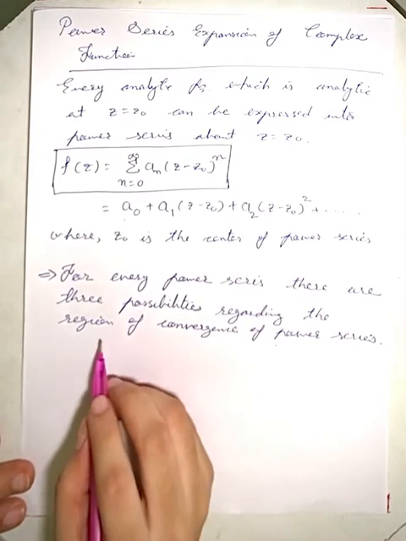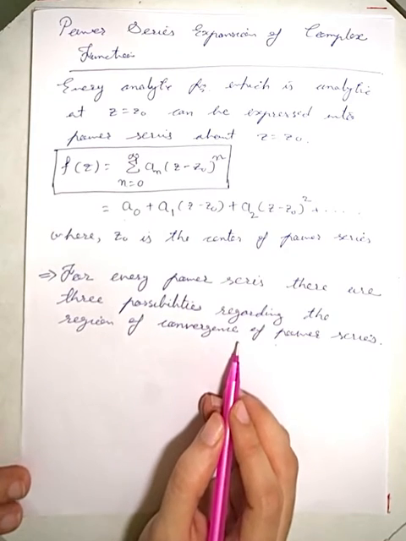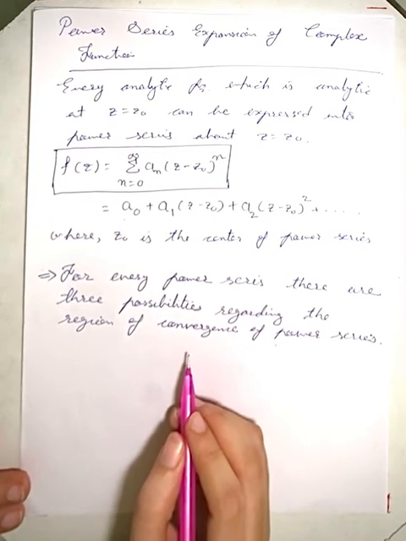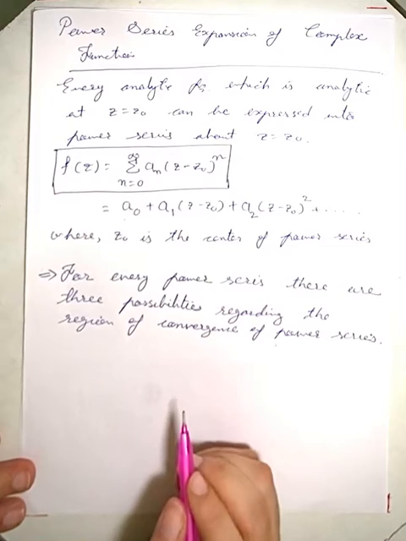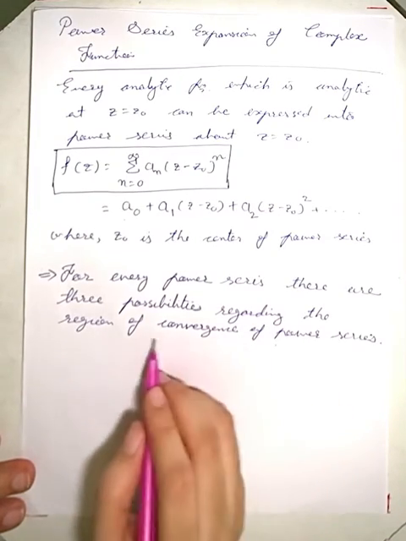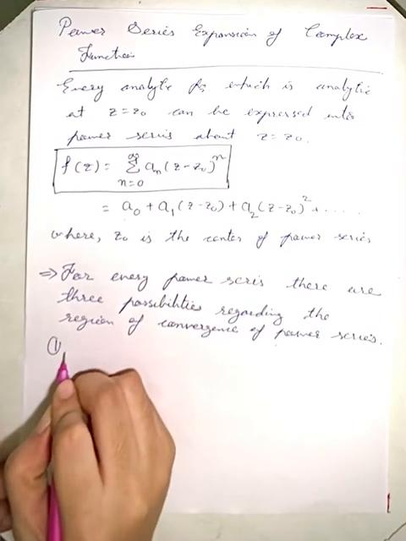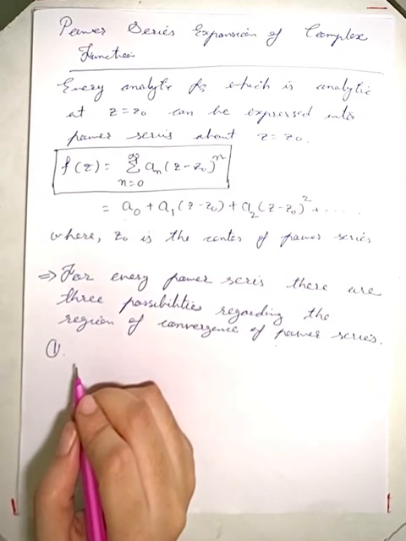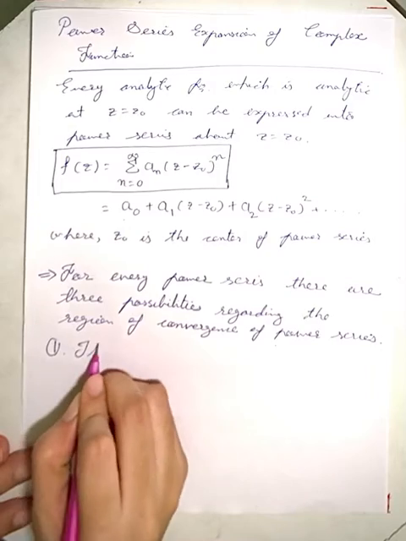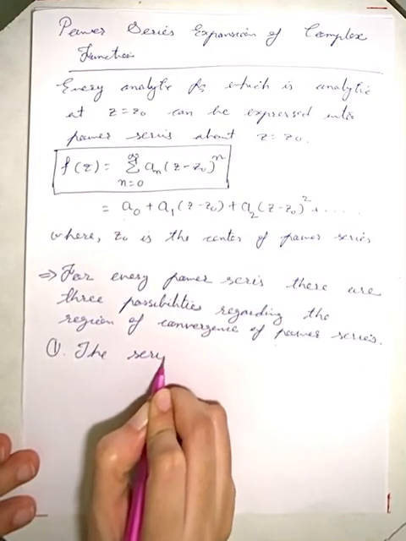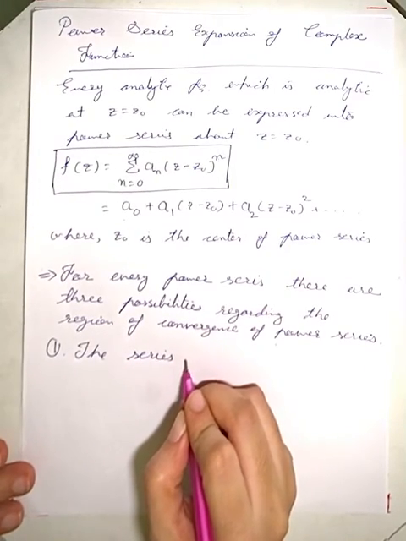Here we are concerned with the region of convergence, so the region in which the power series converges. So there are three possibilities about the region of convergence. The first possibility is that the series converges within a disk.